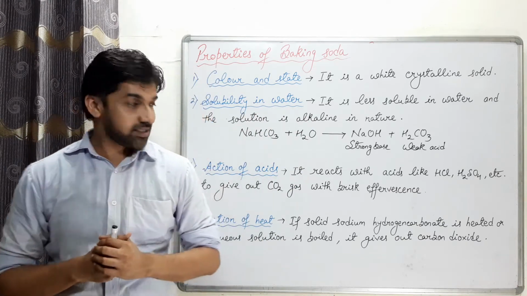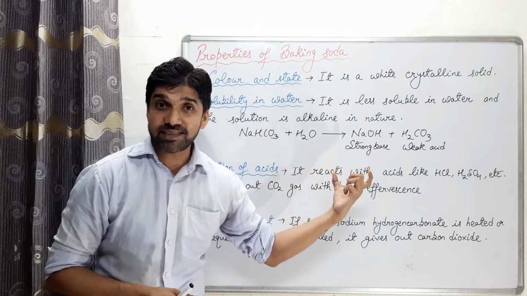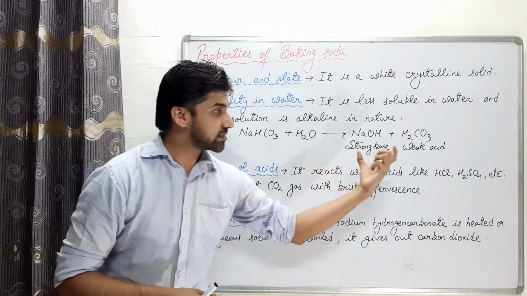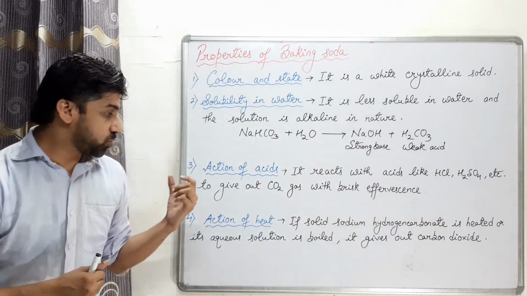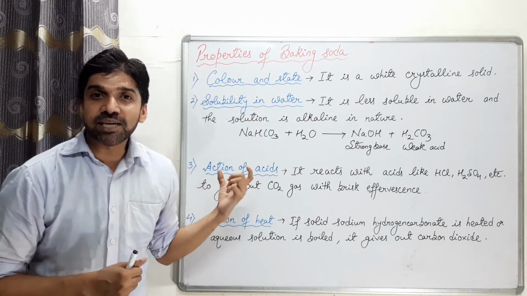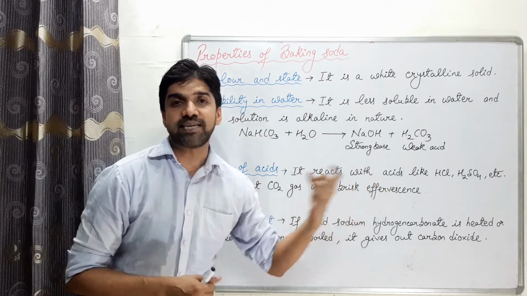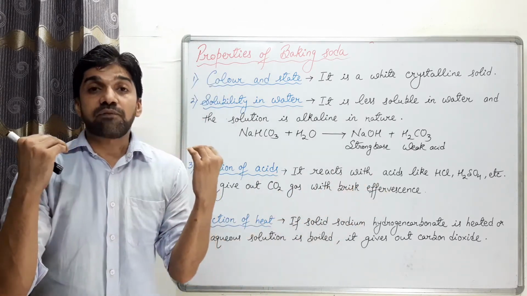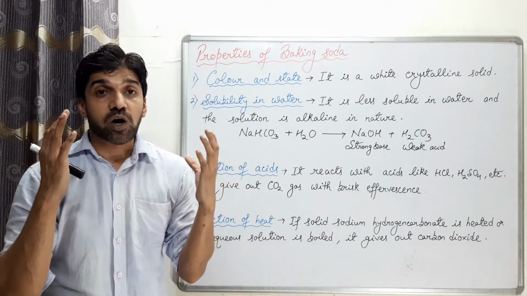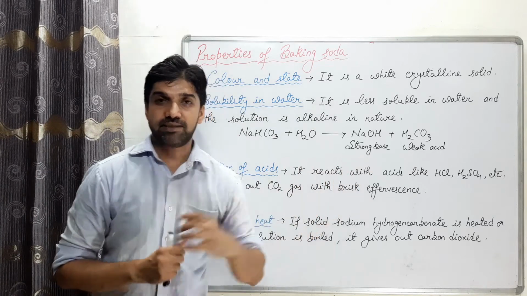Action of acids. Baking soda reacts with the mineral acids such as hydrochloric acid, sulfuric acid to produce which gas? Carbon dioxide gas with brisk effervescence. What is this brisk effervescence?